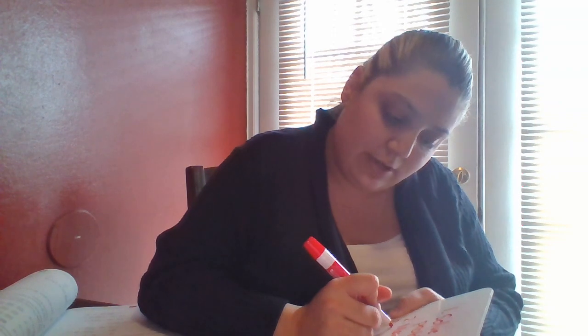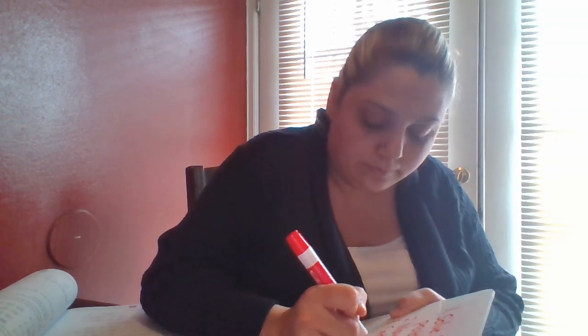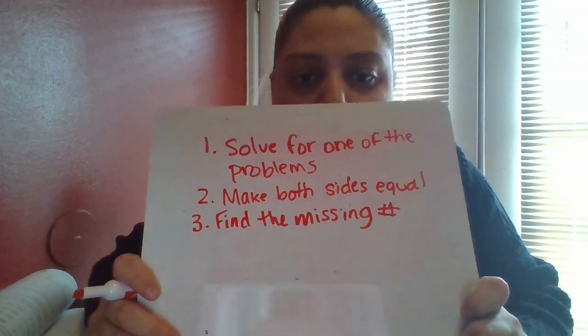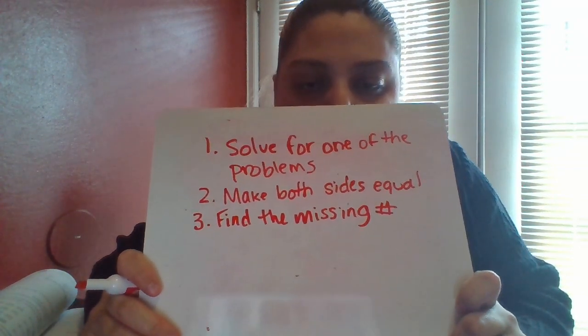And then step 3, find the missing number. Okay, and you guys can keep this up as you do your work if you want. But I can just do one more last one.